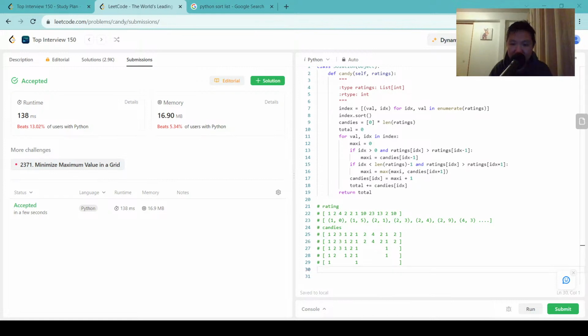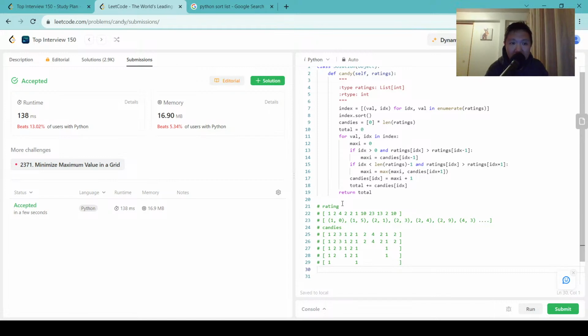Let me see, do I have time for one more problem? Maybe. Let's do an easy problem, but let me see if there's more to talk about on this particular problem. So is there an even faster way of doing it? I believe there is, actually. I believe there's an O(n) way of doing it.